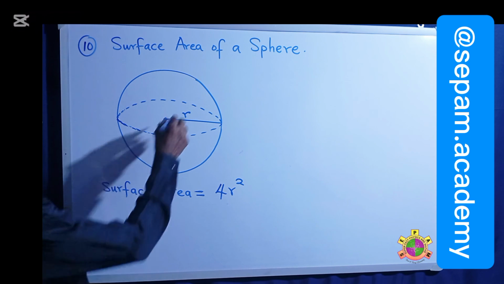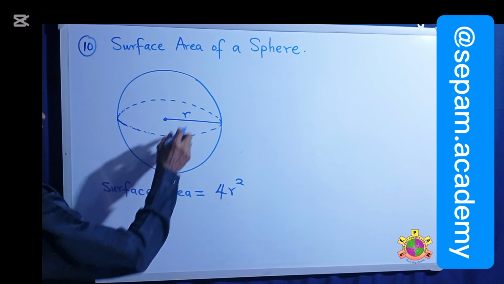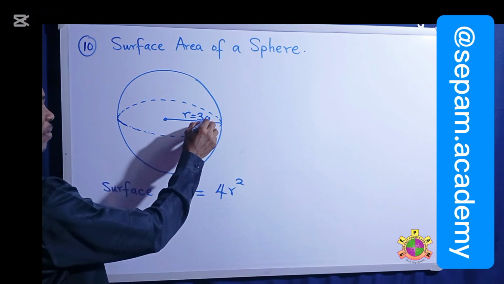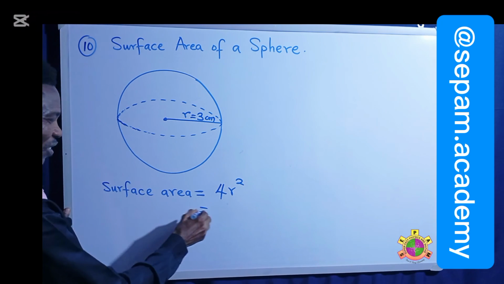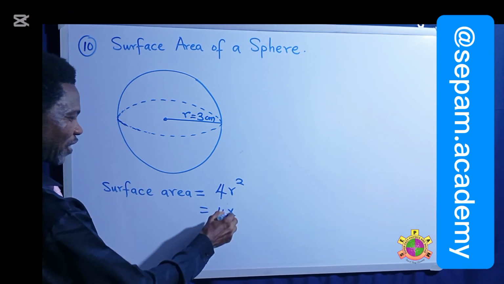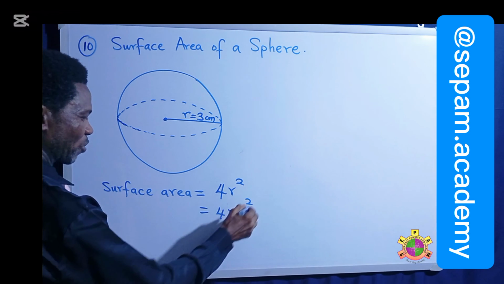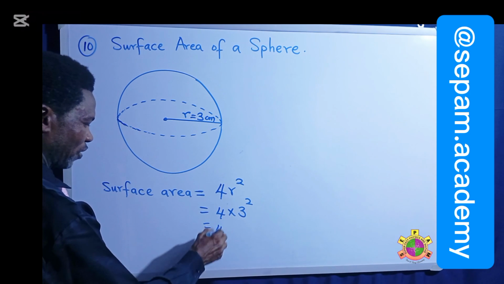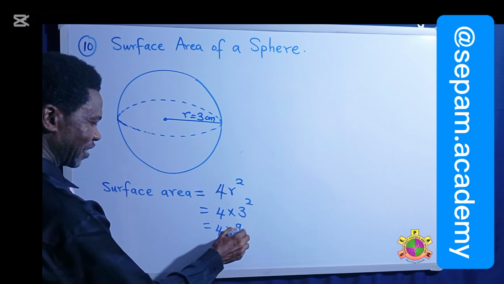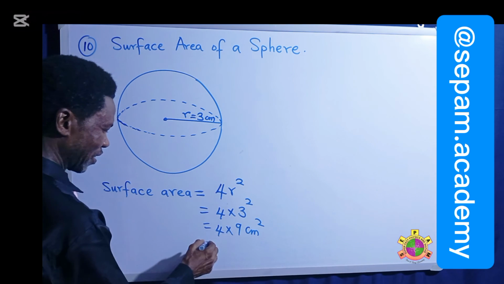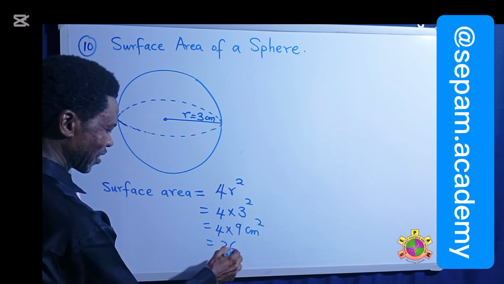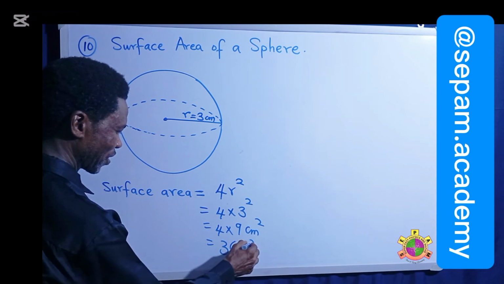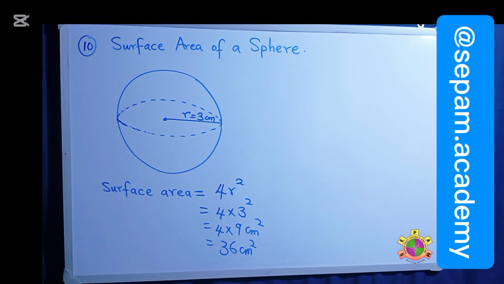If this sphere has a radius of 3 cm, what is the surface area? Surface area is going to be 4 times 3 squared, which is 4 times 9 cm squared. So it's going to be 36 cm squared. So that is the surface area of this sphere.